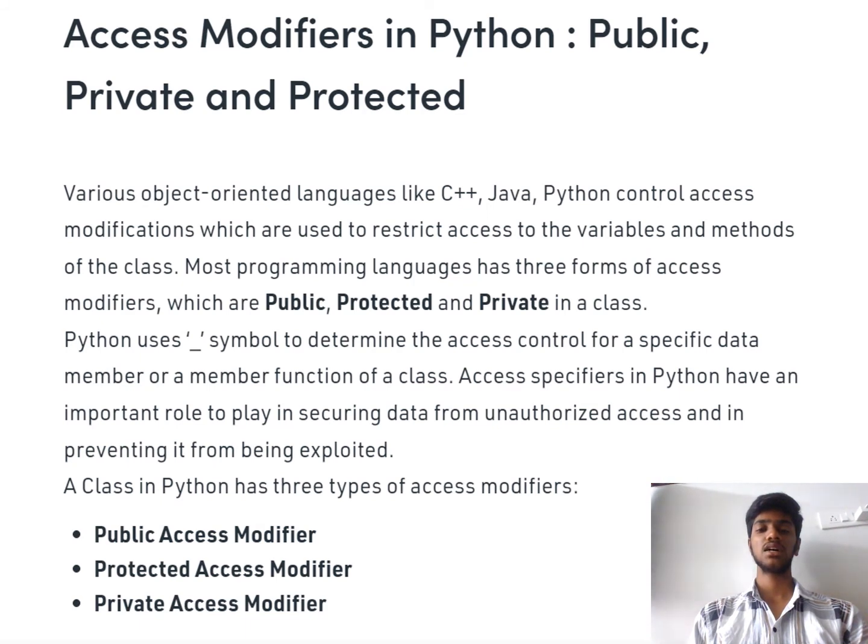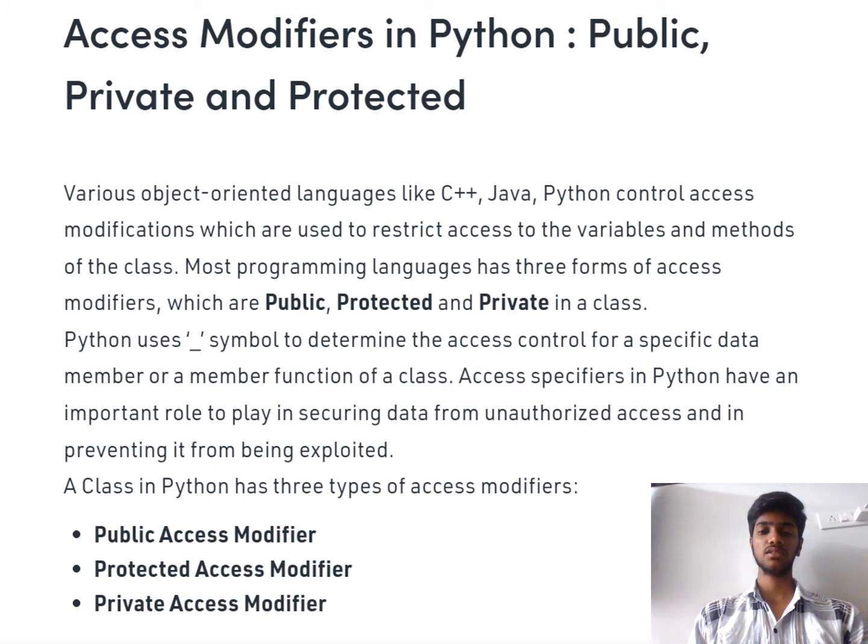Python uses the underscore symbol to determine the access control for specific data members or member functions of a class. Access specifiers in Python have an important role to play in securing data from unauthorized access and in preventing it from being exploited.